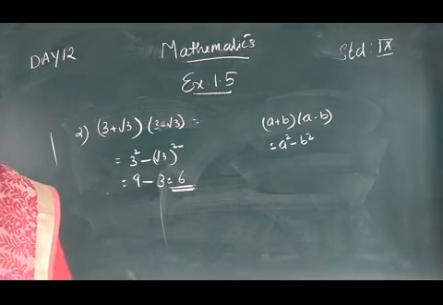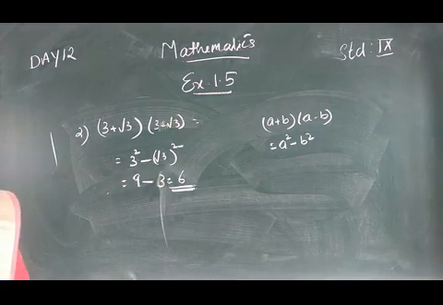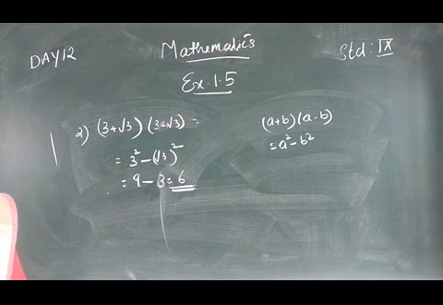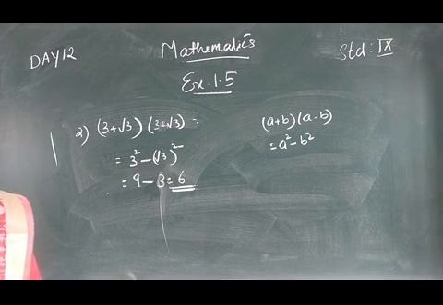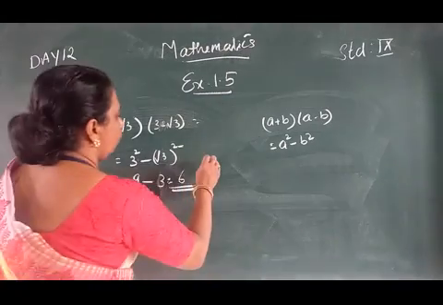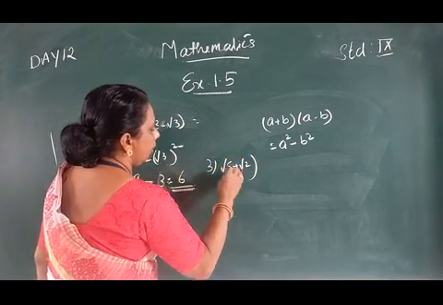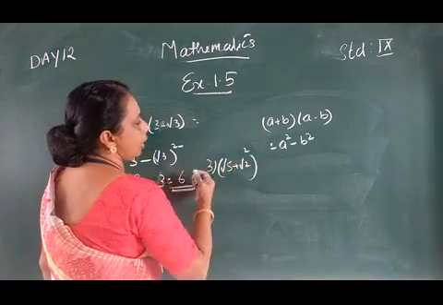Third one, root 5 plus root 2 the whole square. Which identity are we using here?